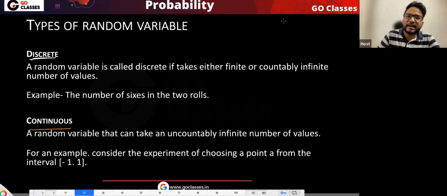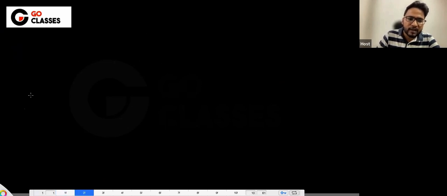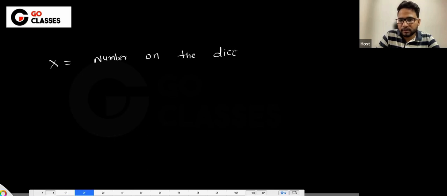So a discrete random variable takes either a finite or countably infinite number of values. What does this mean? Let's suppose that x is a random variable. If I say that x is the number on the dice, whatever number is coming, so on a dice roll, what are the possible values of x?